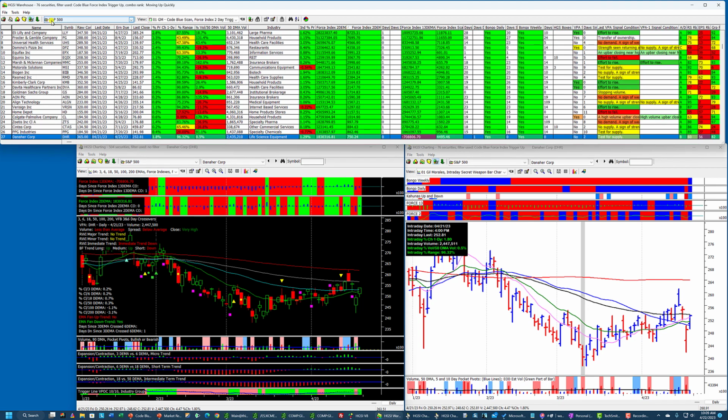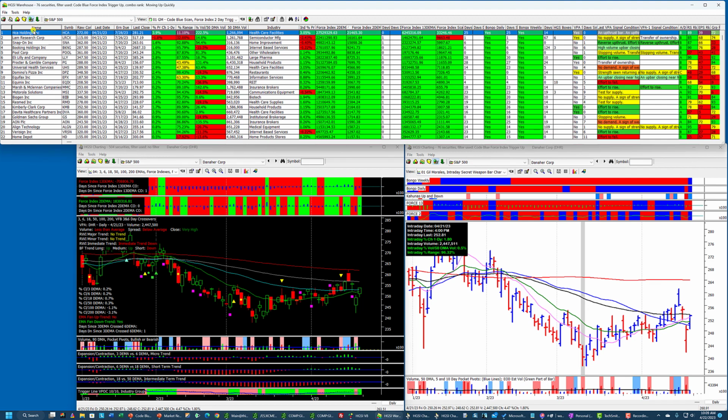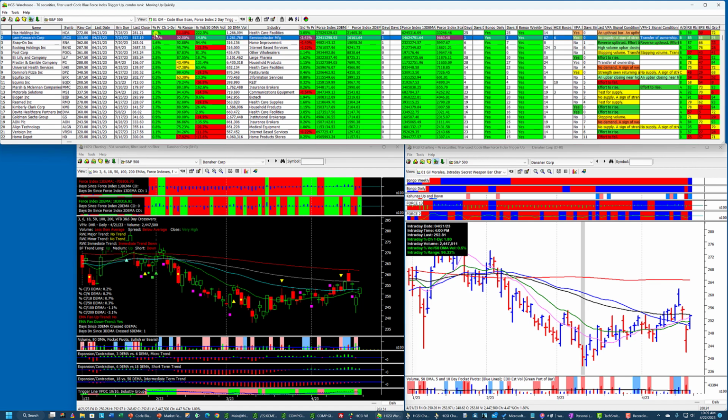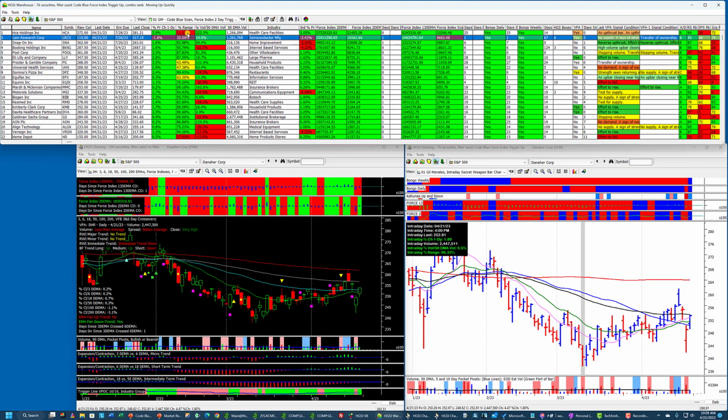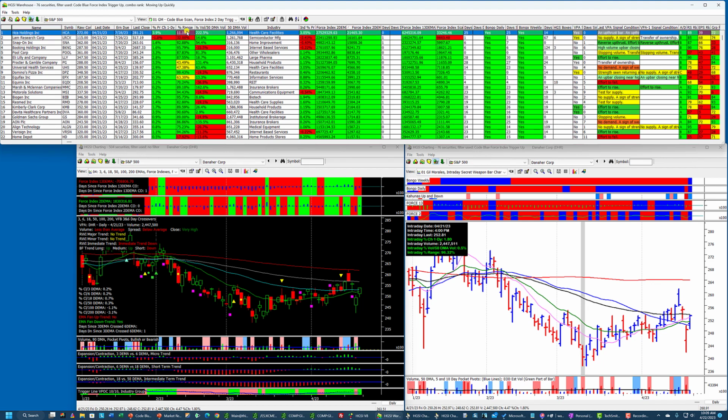If I sort this on scaled, go to the top of the list, HCA Holdings is at the top of the list, but if I look over here at the price, 3.9% change, but it only closed at 11% of its range on heavy volume. So this tells me that before I even look at it, I know that traders sold into this stock.